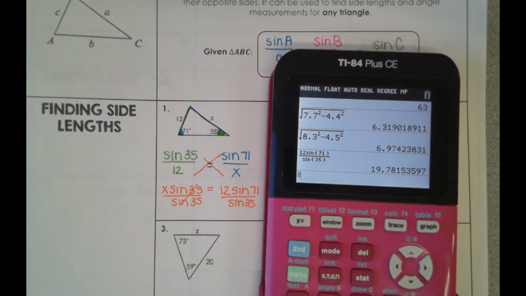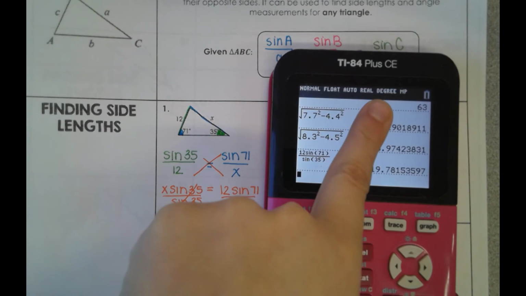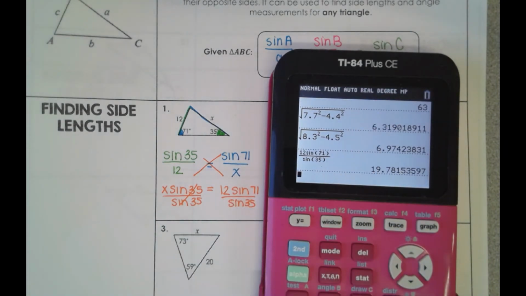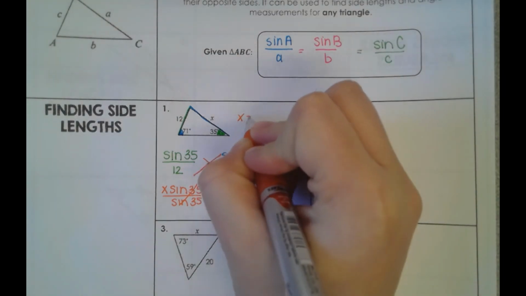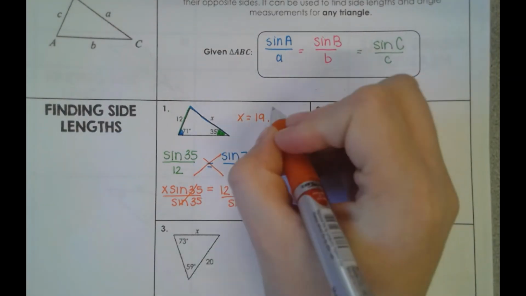Make sure your calculator is in degree mode. Some of you found yesterday you were getting some really weird answers because your calculator was in radians. So that side length is 19.78.